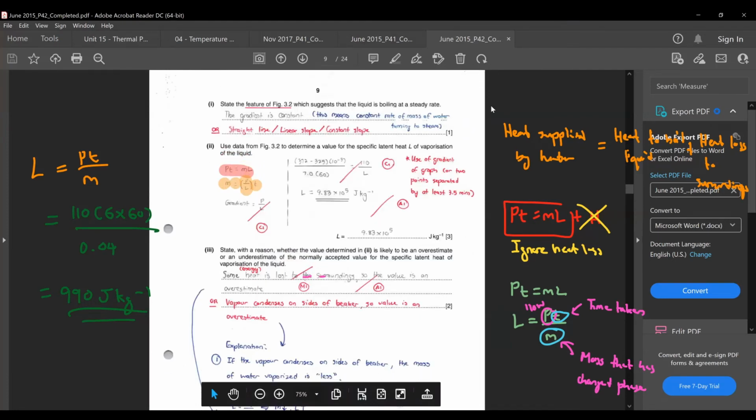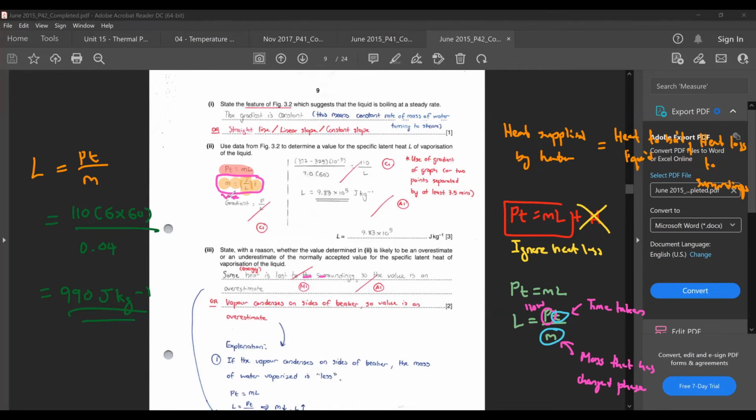So here you try to do it in such a way that the y-axis is M mass, the x-axis is time t, you're going to get this expression, y equals to mx plus c. The gradient is actually p over l.